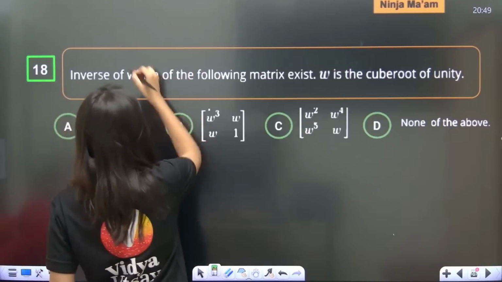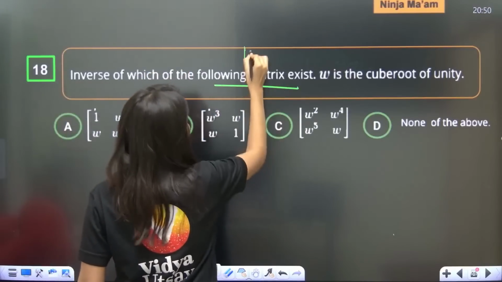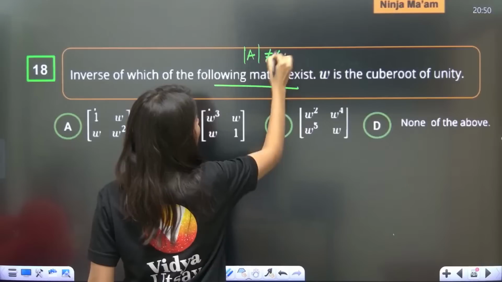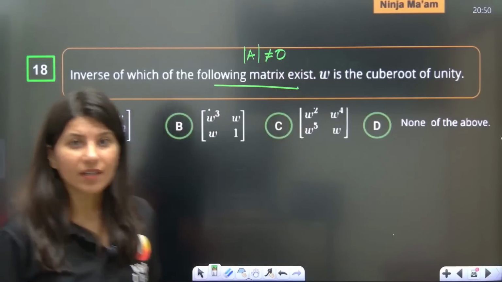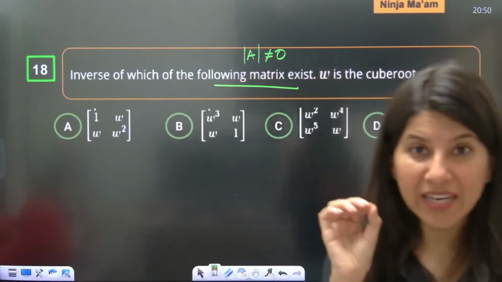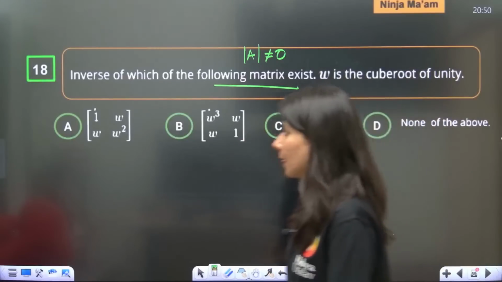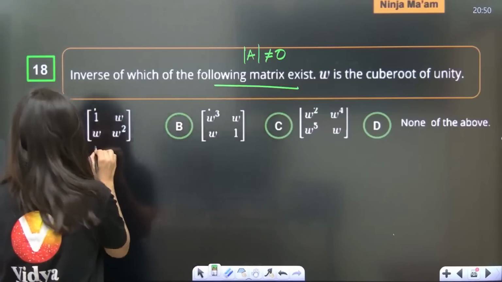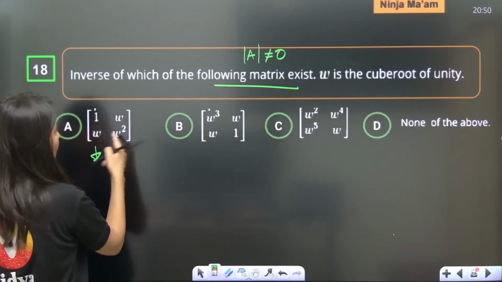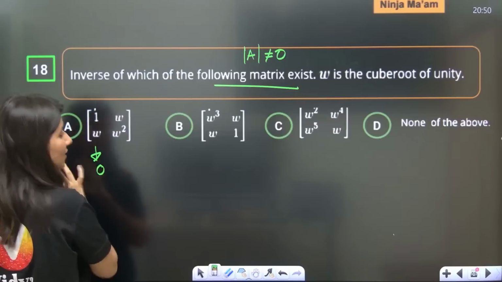Next question. Inverse of which of the following matrices exists? So inverse exists means what? Determinant A should not be equal to 0. So whichever matrix's determinant is non-zero, that will be the correct answer. The determinant value from this will be omega square minus omega square, 0. So this is not a correct answer.